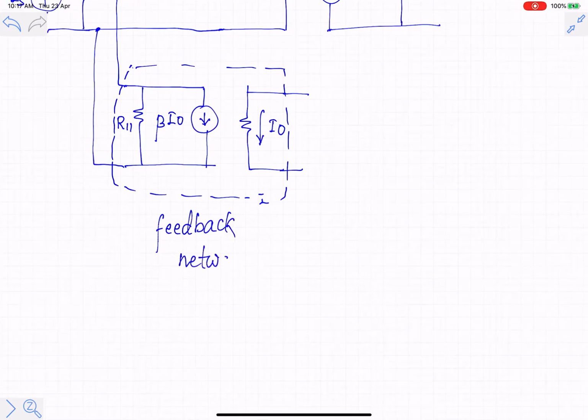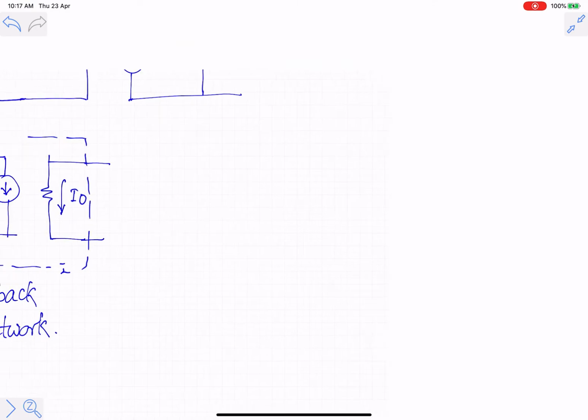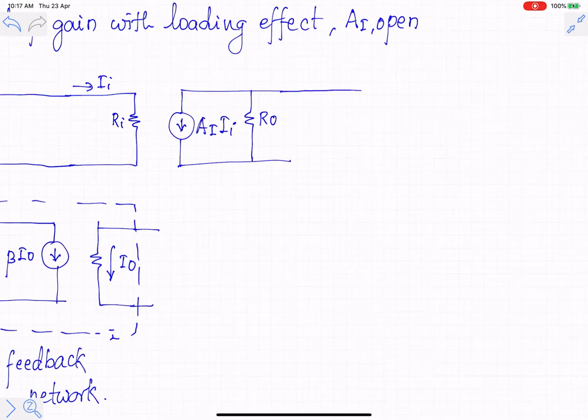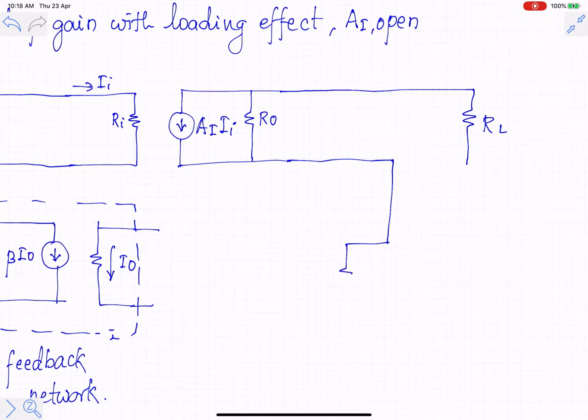Similarly, we will duplicate it on the output side of the feed forward amplifier. So it has RL, this is R22, this current is IO.